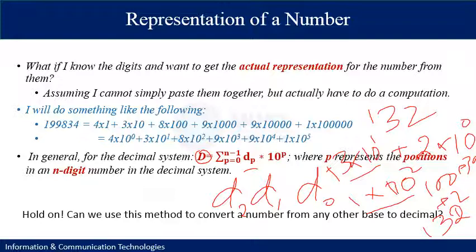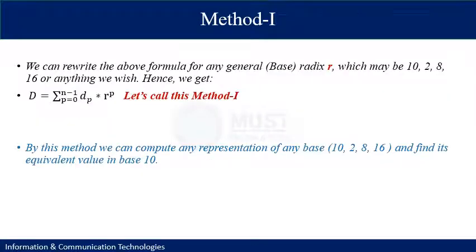So can you use this method to convert a number from any other base to decimal? Yes, you can. We can rewrite the above formula for any general base radix R, which may be base 10, base 2, base 8 or base 16 or anything we wish.